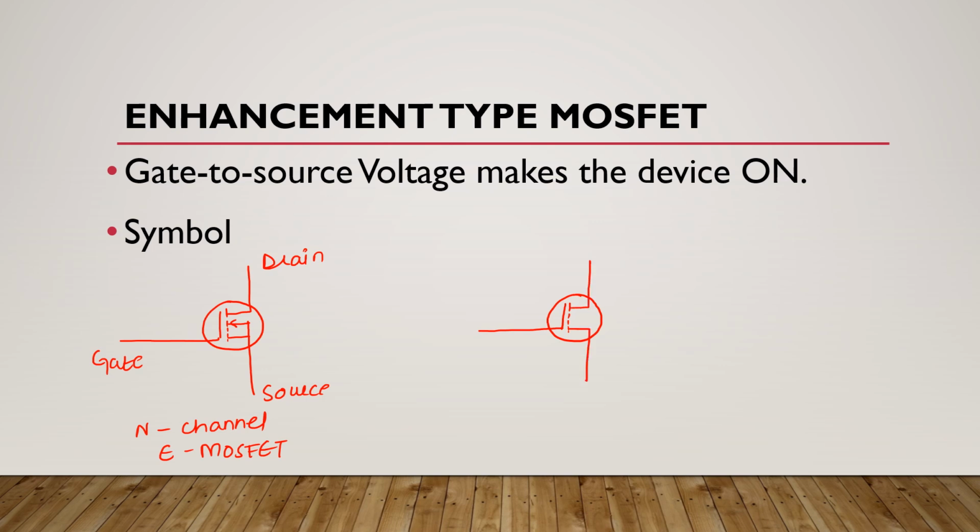Again, this terminal is gate. Here we have drain and here we have source. Now here the arrow is like this. So this is the symbol of a P-channel E MOSFET. Okay.